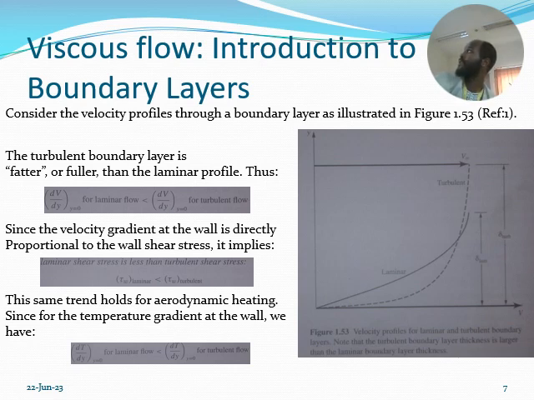Because the velocity gradient is higher for turbulent flow and lower for laminar flow, and also because the velocity gradient is proportional to the shear stress, that shows us that the shear stress in the laminar boundary layer is less than the shear stress in the turbulent boundary layer. What I've just explained with the velocity gradient here shows that the velocity gradient for laminar flow is less than for turbulent flow.